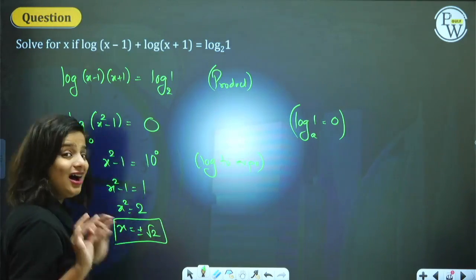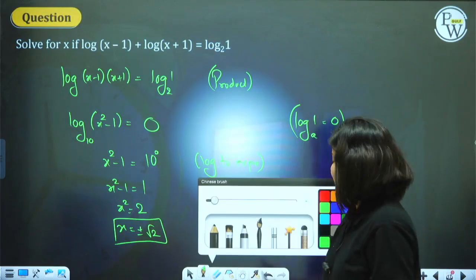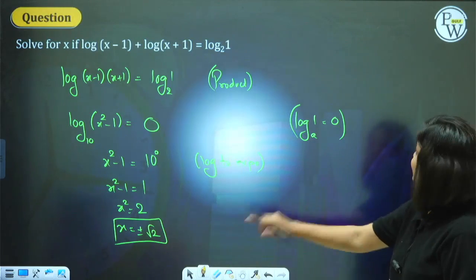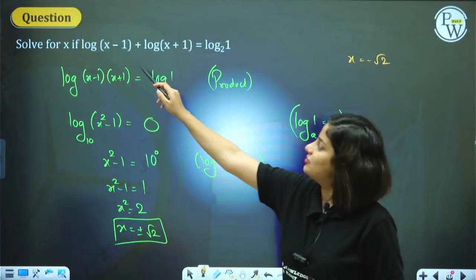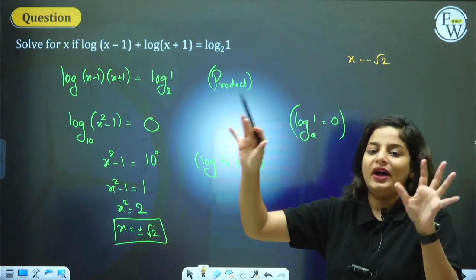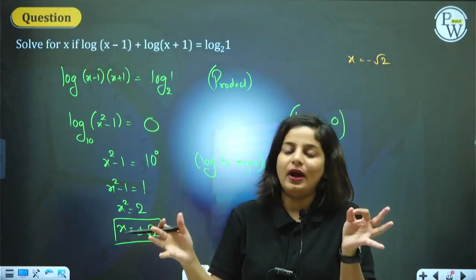Well, is it the answer? Is that the value of x? No. That is not the final answer, my boys and girls, my kiddos. If I take x is equal to minus root 2, what happens in the question? The value of root 2 is roughly 1.414. Remember, the value of root 2 is roughly 1.414.